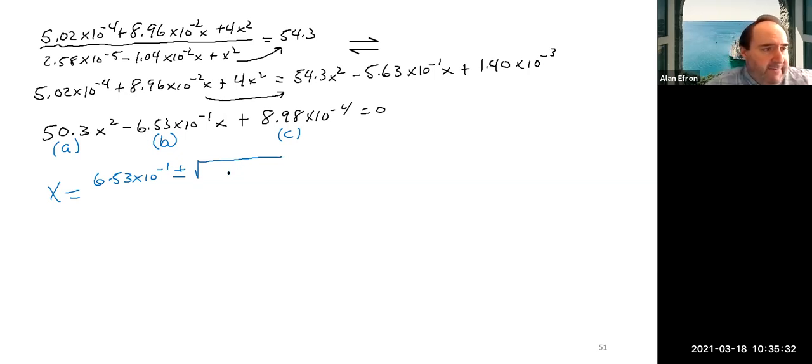And if we clean up all the numbers inside, you end up with something like 2.46 times 10 to the minus 1, which if you do a little square root action on that, is 4.96 times 10 to the minus 1. And that's all divided by 2 times A, which on the bottom would get you about 100.6, I believe.